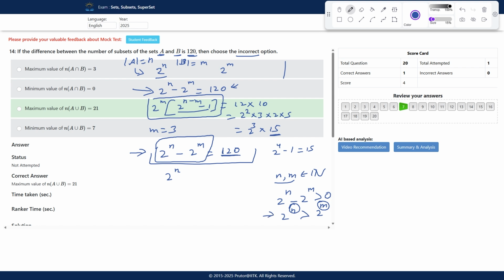Now, if n is greater than m, let's take an example. If you have any doubt, please specify it, then I will be able to answer it. So n is strictly greater than m.